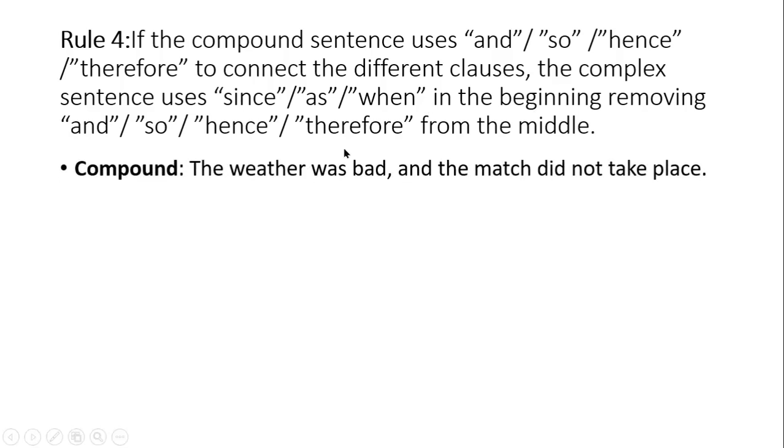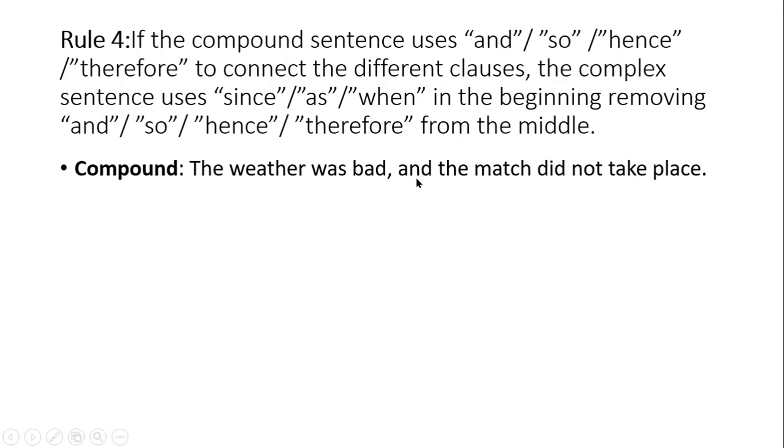You will be very clear about the rules. The weather was bad and the match did not take place. Okay, the weather was bad. This is a clause, and the match did not take place. Okay, so here we have and.